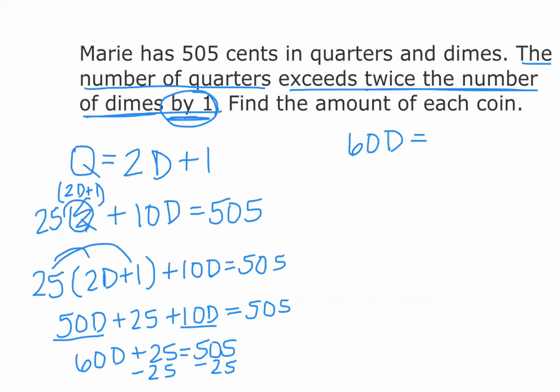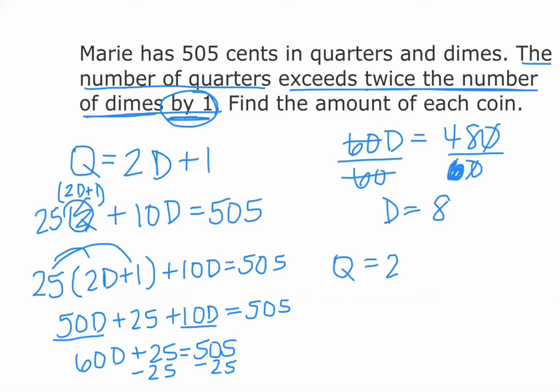All right, good. So 505 minus 25 gives you 480. We divide by 60, and D equals 48 divided by 6, sorry, I wrote it so weird. But 48 divided by 6 is 8. So now that we have that, we can find quarters, 2d plus 1.